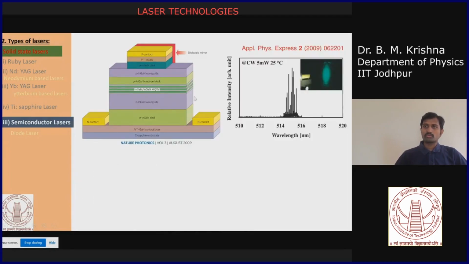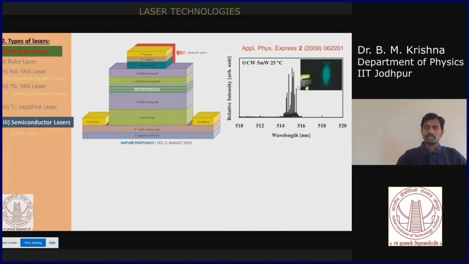So we have those kinds of lasers possible or also available in the semiconductor lasers class. And also we have seen this paper. In this paper they have shown lasing at green wavelengths. Previously the green wavelength was very difficult because of the different growth mechanisms. They have used multiple quantum wells in the structure, so they are able to get the green lasing.